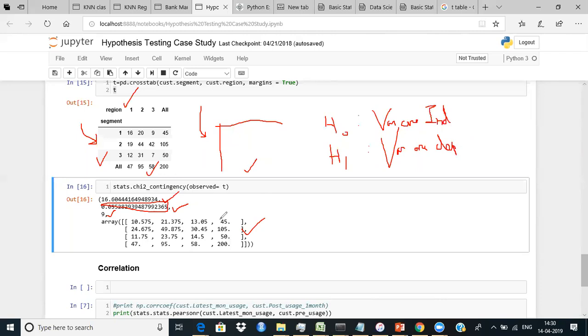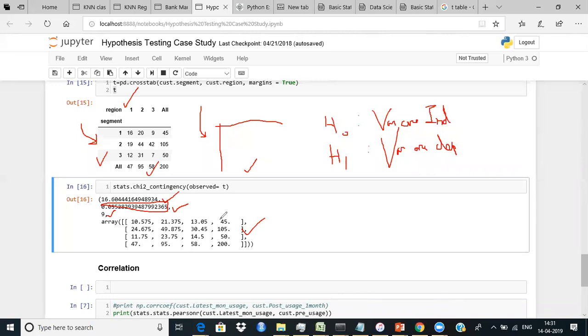What is your conclusion? They are independent, because the p-value is more than 0.05.